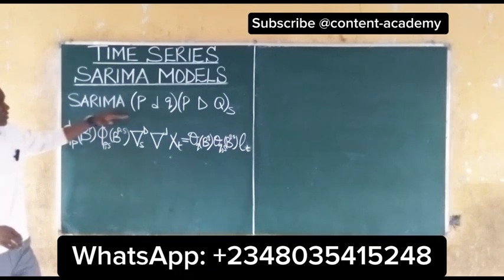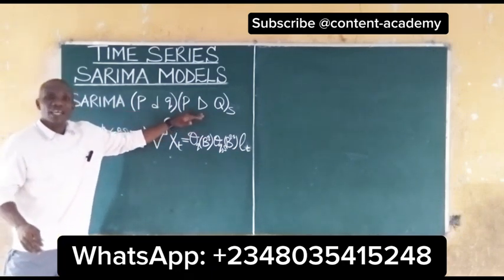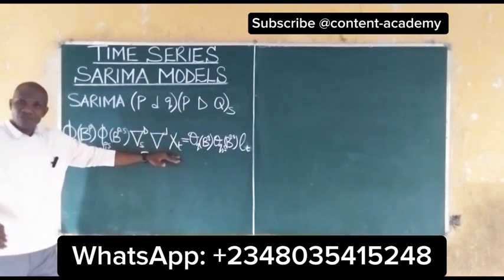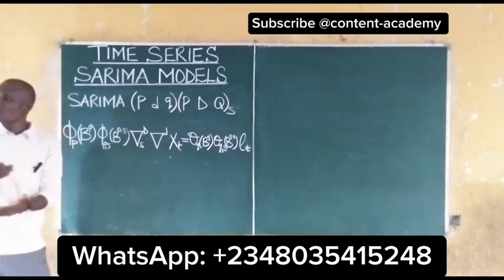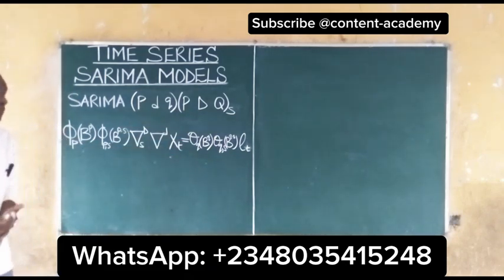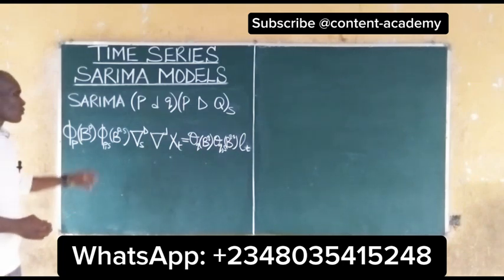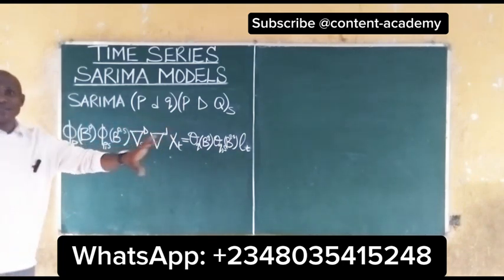Whenever a question is given, it will appear in this form. When it appears in this form, then you know you have to use the SARIMA model. Now, we'll define each of these parameters.